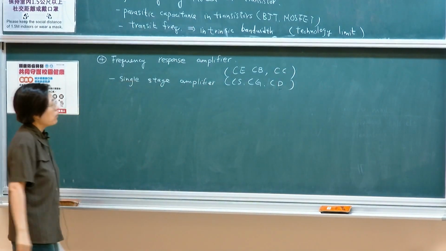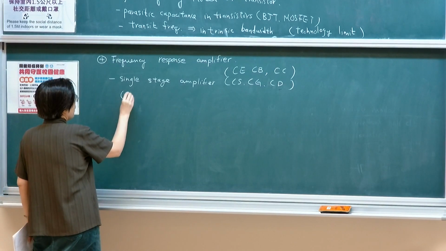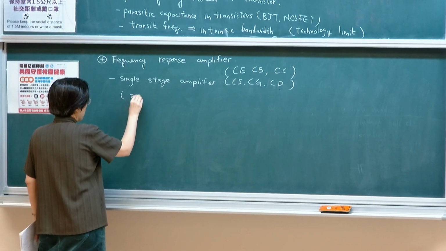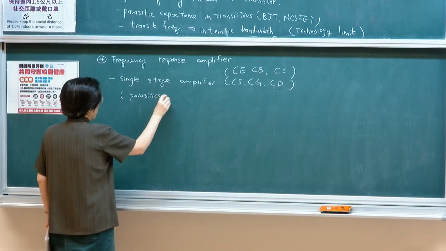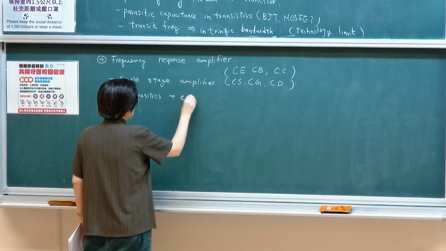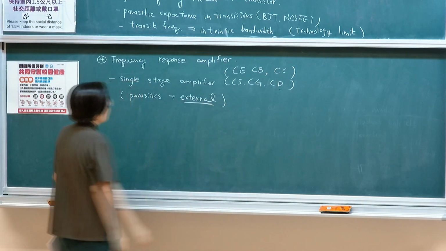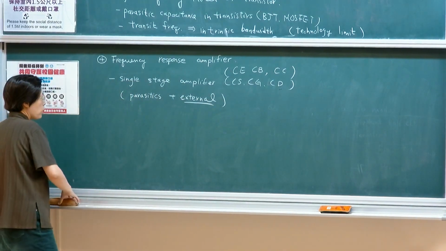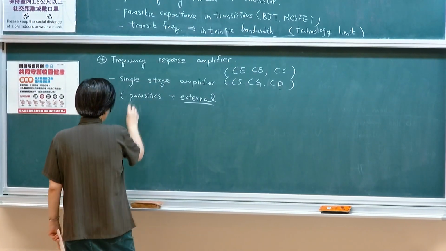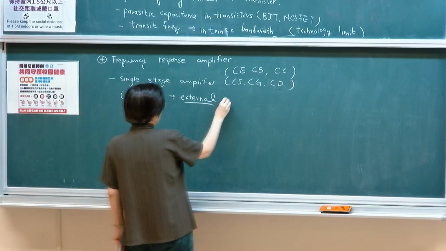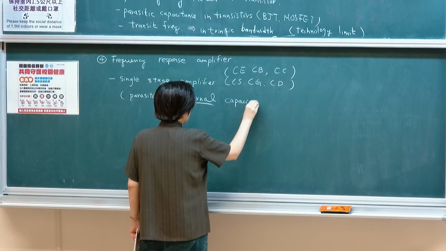We're going to talk about how, in single-stage amplifiers, the effect of parasitic capacitance within the transistor and the effect of external capacitors work when you consider both. So we're going to talk about the impacts when we consider parasitic capacitance and include some external capacitors.